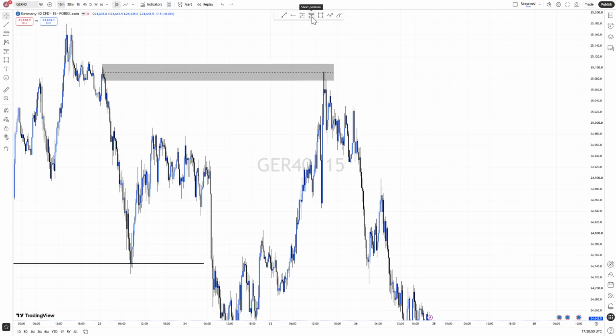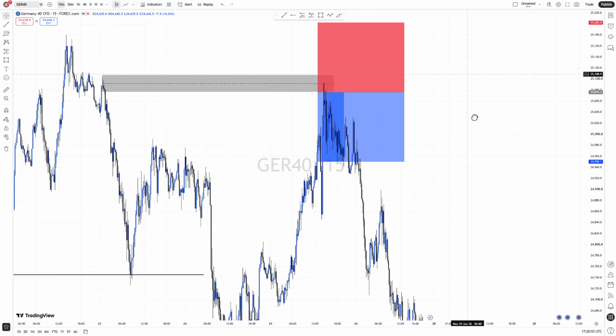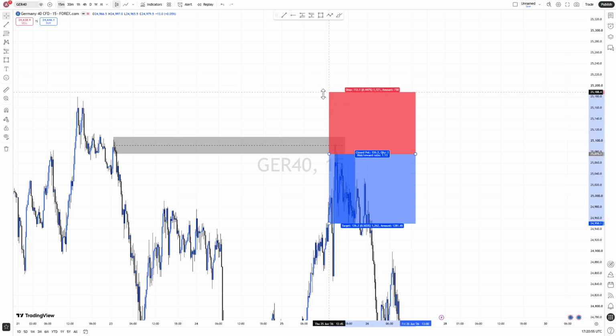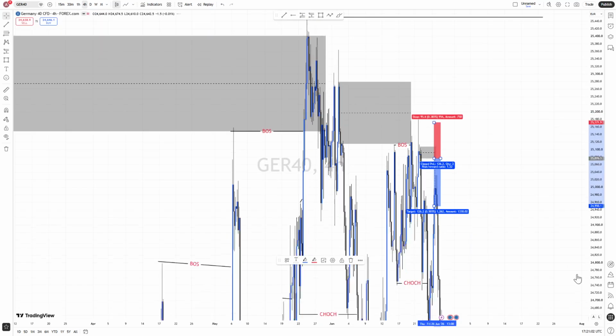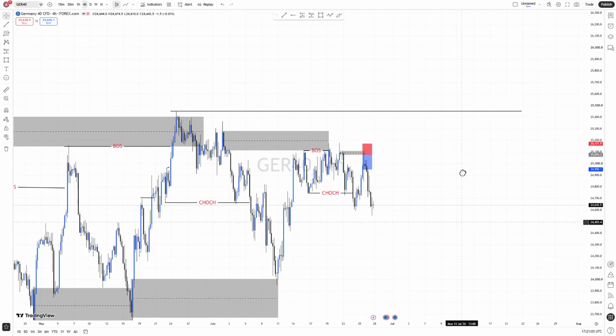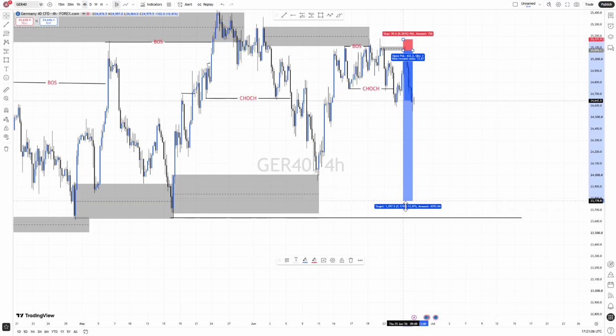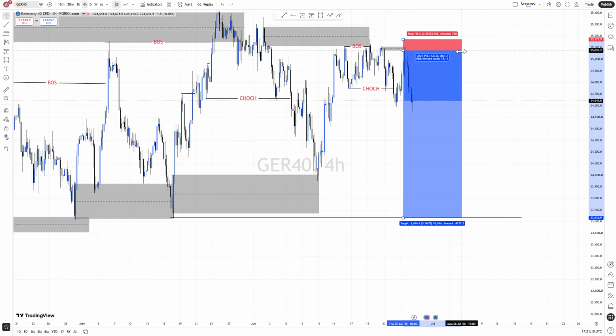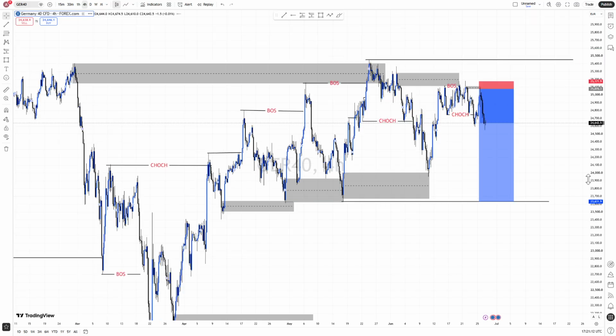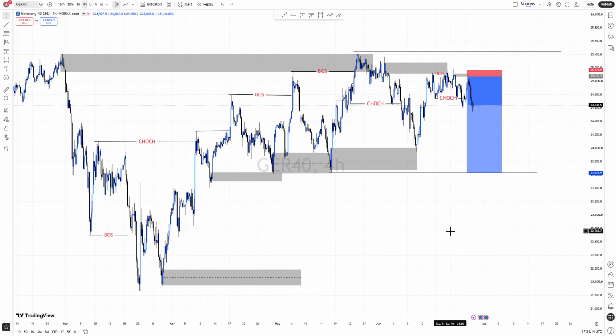Go in for the sells at around this area, and then you target any liquidity below or any structural low, right? So that's how you could have managed to get that sell, and that's how you could have managed to face German 40, and that's how we normally analyze our markets.